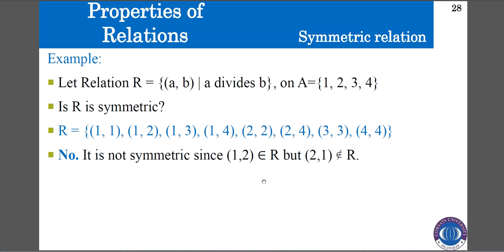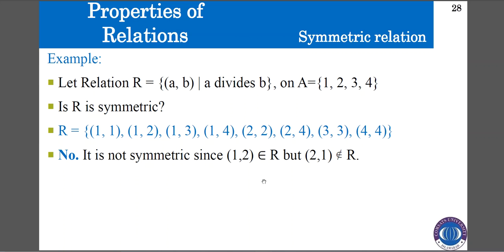Let us consider an example of a symmetric relation. Let the relation R be (a, b) such that a divides b on the set {1, 2, 3, 4}. Is R symmetric? First we get the relation from the above condition: (1,1), (1,2), (1,3), (1,4), (2,2), (2,4), (3,3), and (4,4).